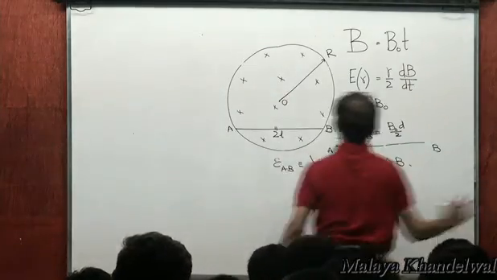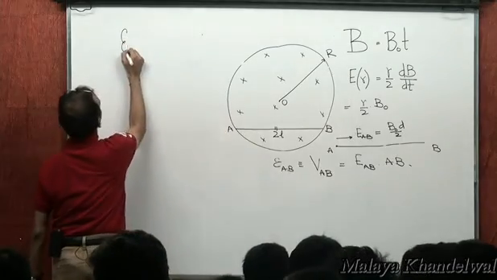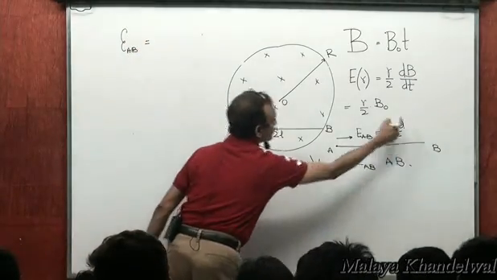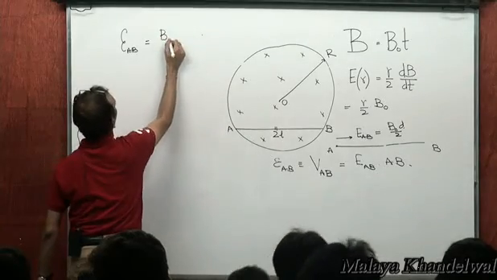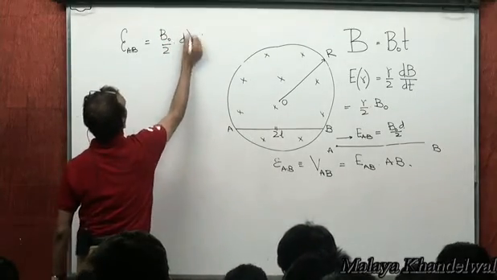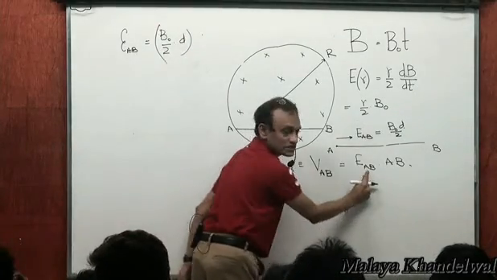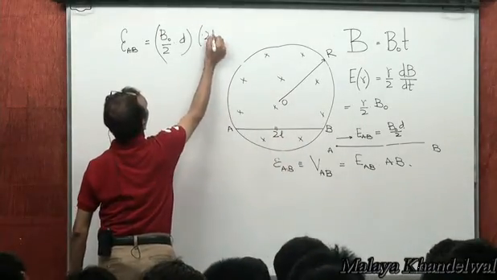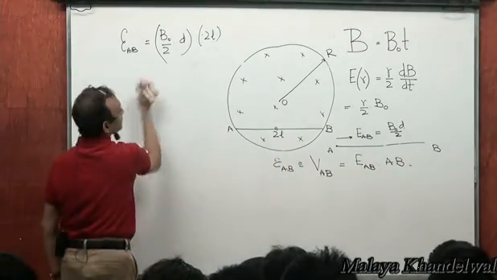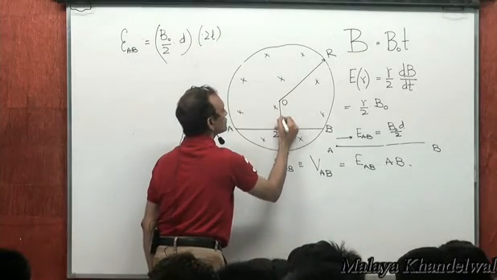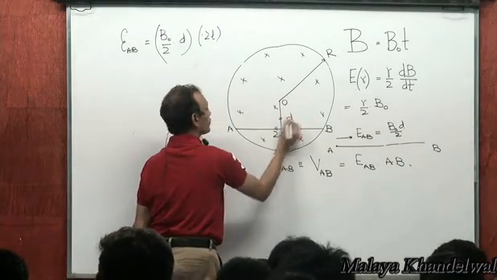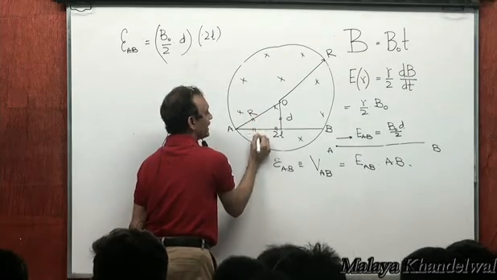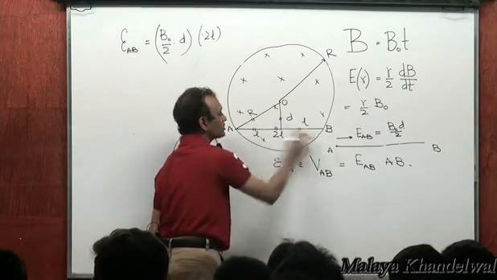So, the EMF across AB in the rod AB is EAB, which is B naught by 2 into D into the length AB, which is 2L. Now, what is D? This is D. If capital R is the radius, this is L, this is L, this whole length is 2L.